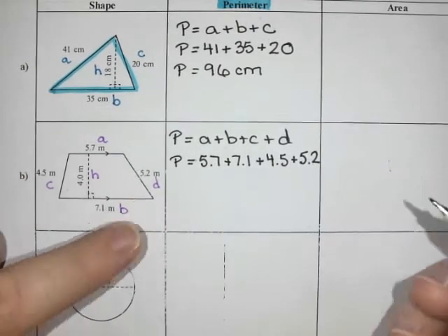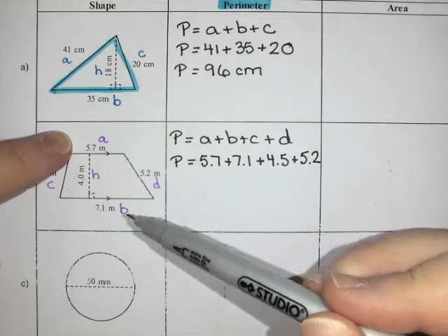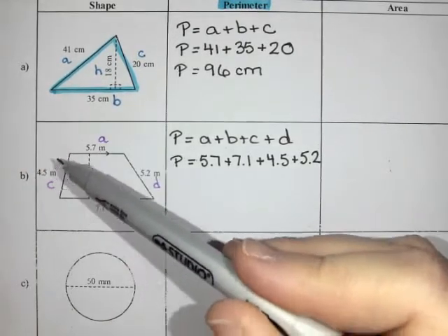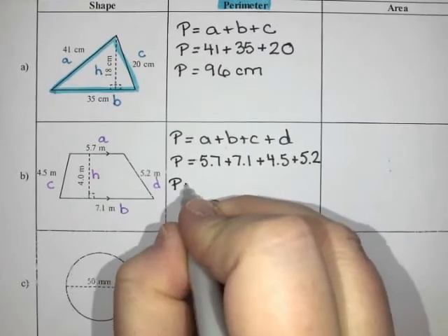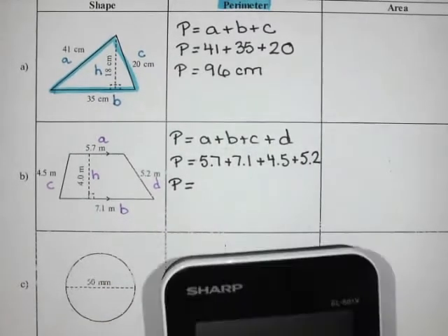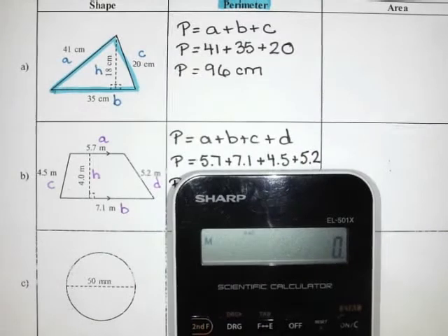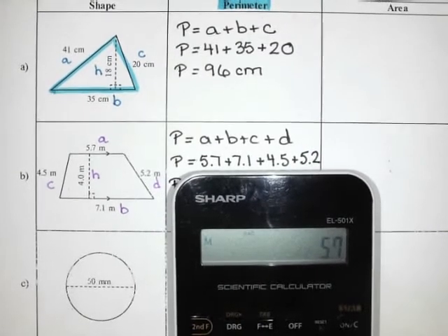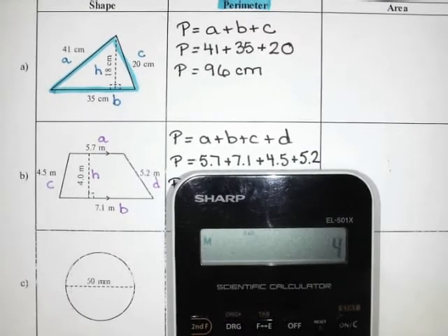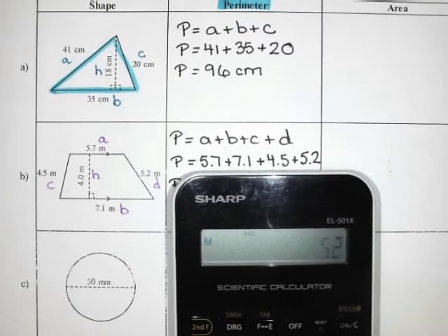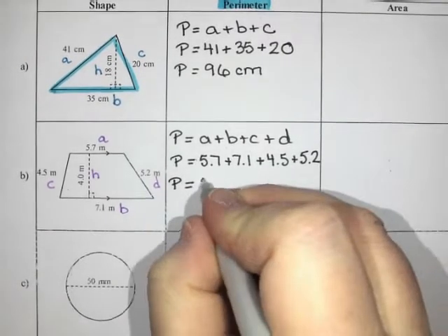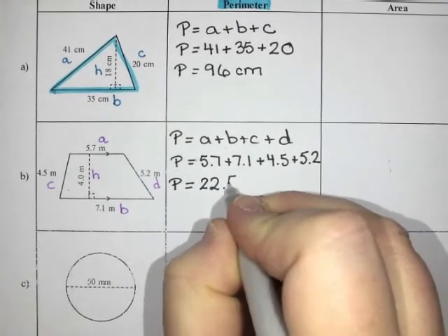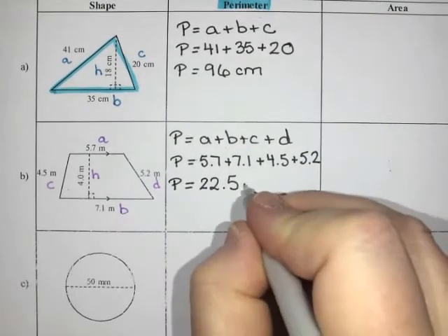Now it doesn't matter if you wanted to just work your way around going clockwise or counterclockwise, as long as you add all the sides together. It doesn't really matter what order you do it in. So once again, I'm going to take out my calculator, and I'm going to calculate 5.7 plus 7.1 plus 4.5 plus 5.2 equals 22.5. So I get 22.5, and then this one is in meters.